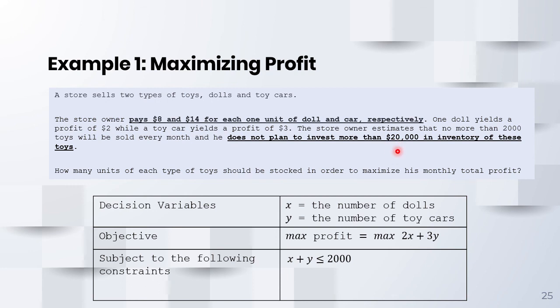So we have the inequality 8x plus 14y is less than or equal to 20,000. So this completes the resource constraints.